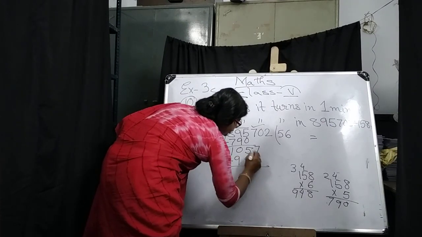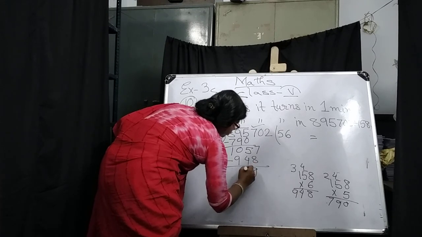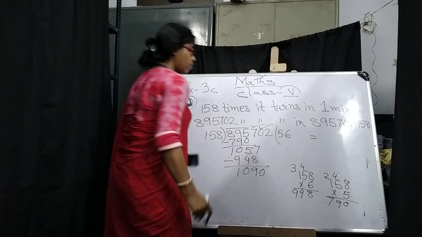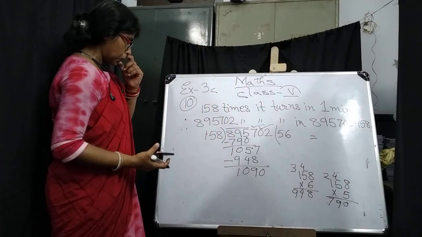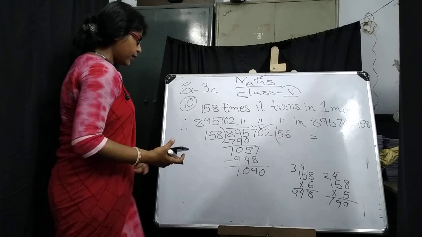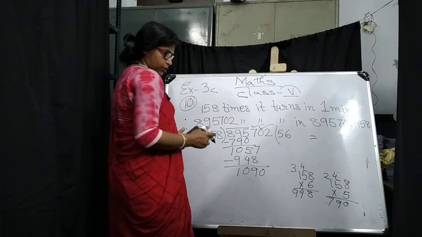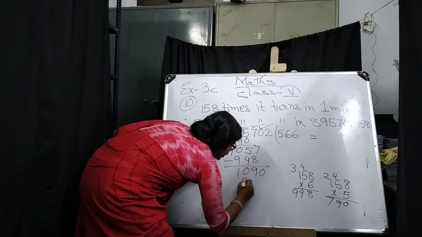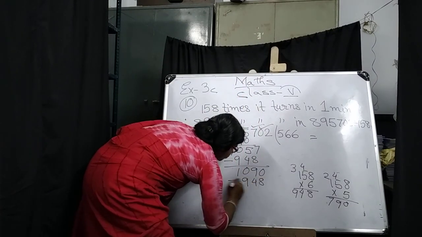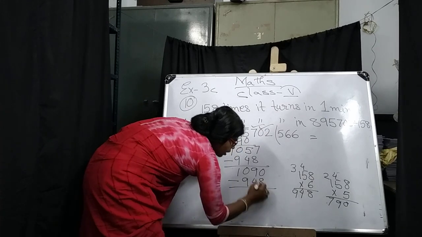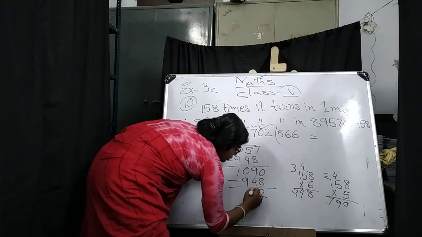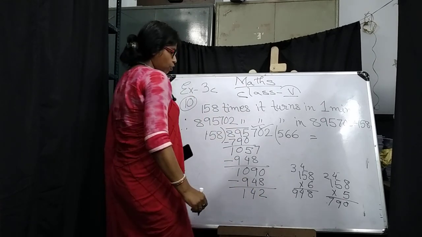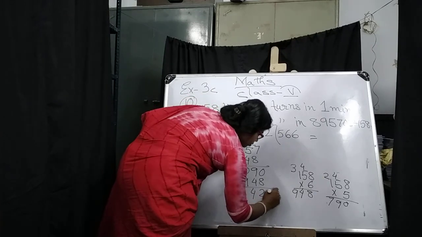Let us subtract it. 1090. In that case also we will take 6, isn't it? 948. So what will come down? 2. Now 2 will come down.